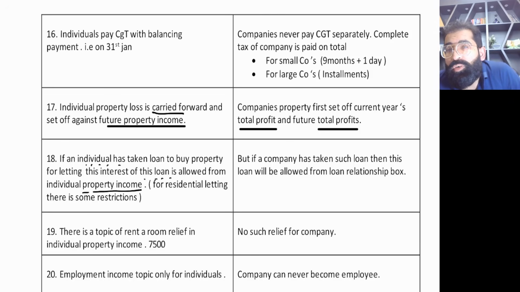I hope you remember I taught you this at the start of the F6 course. In the early days I taught property income, and in the last 15 or 20 minutes of property income I covered this area.